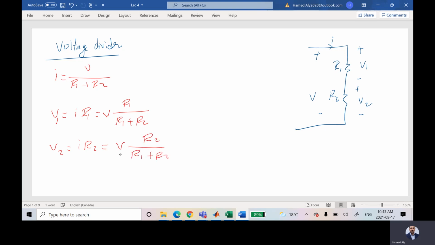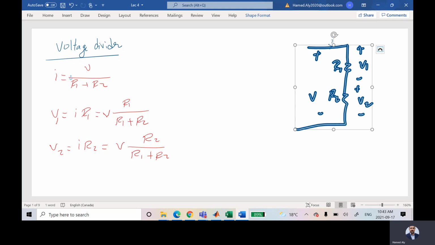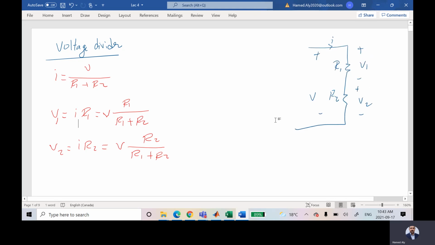So generally speaking, what I would like you to know is, if I know the total voltage V, and I would like to calculate V1 and V2 as a function of V and the two resistors connected in series, I can say V1 is equal to the total voltage V multiplied by R1 divided by R1 plus R2.